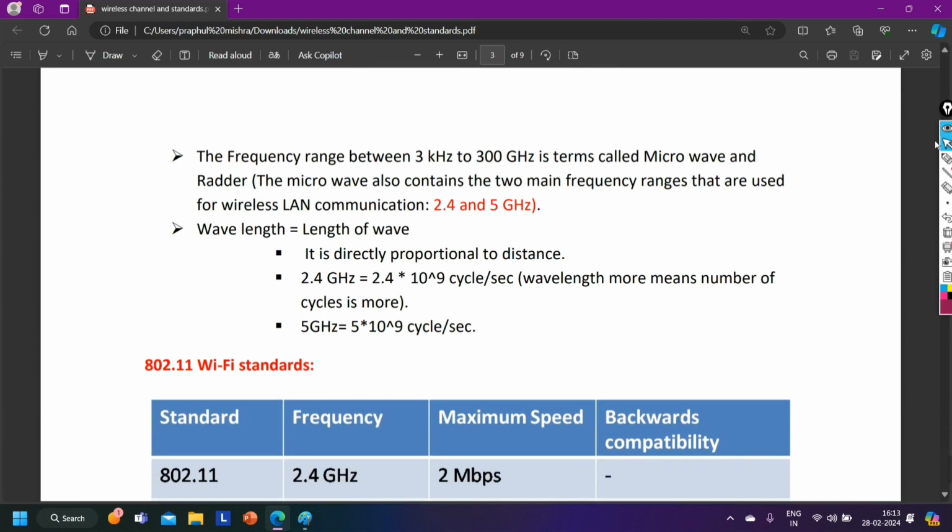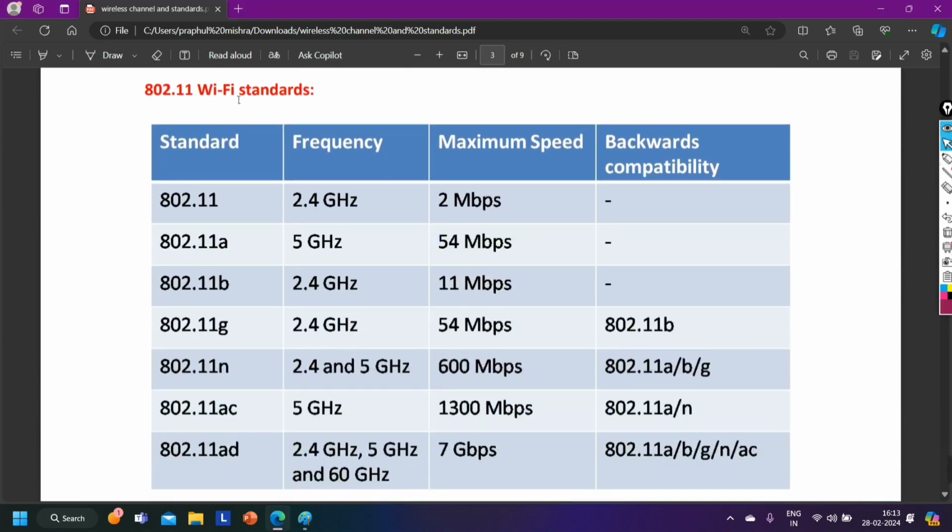Okay, so see, 802.11 Wi-Fi standards. So we have all these standards for now, right? And guys, in future we will have many more. Okay, I think one is not there, right? AX. Okay. So you can see if you are purchasing a device which operates on 802.11 only, not A, that means the frequency is going to be 2.4.